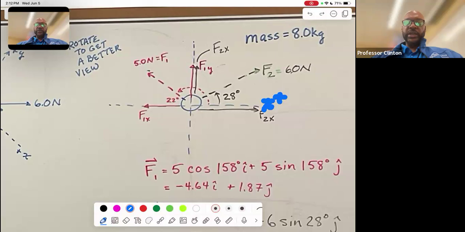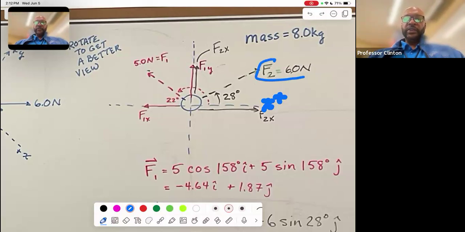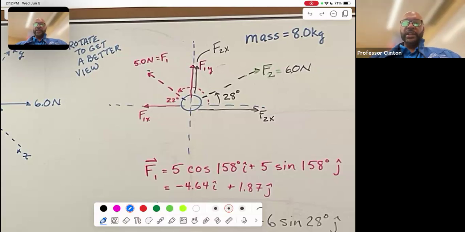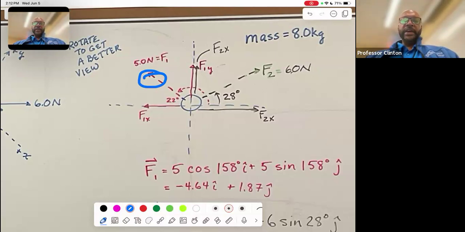The two vectors that I need to resolve are this F2 vector, which is 6 newtons, 28 degrees off from the positive side of the x-axis, and the second vector over here, which is 5 newtons off the negative side of the x-axis.